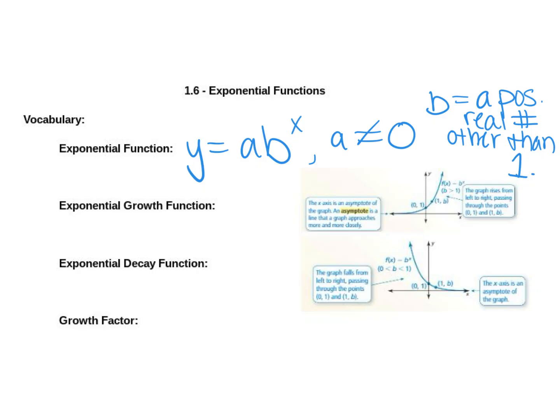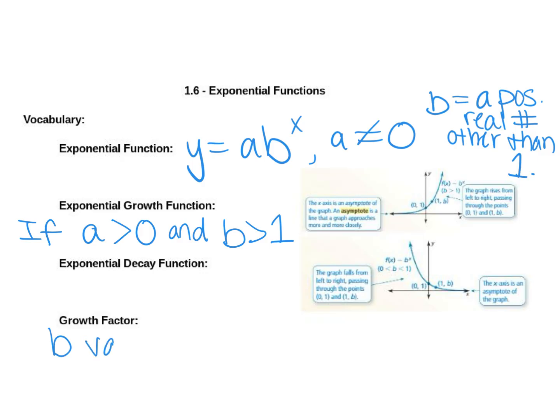An exponential growth function happens if your a value is greater than 0 and your b value is greater than 1. Okay? And then your b value is your growth factor, the b.